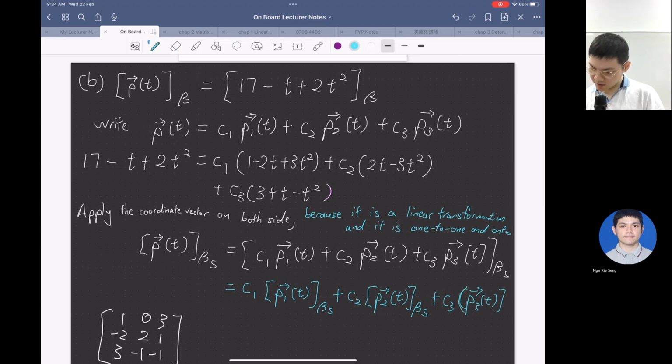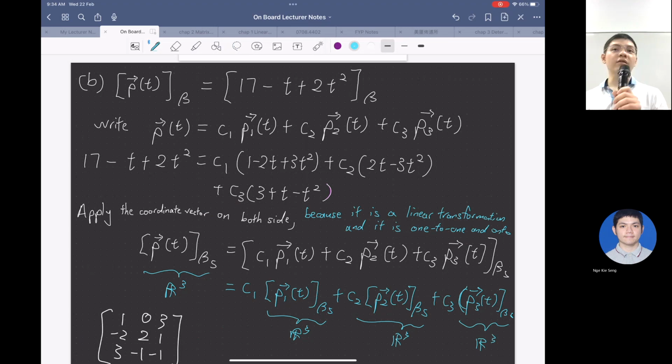When you see so many notations, don't be scared at first. Everything here is in R3, so it's a vector in R3. So you have a vector equation in R3, and you can do row reduction again.